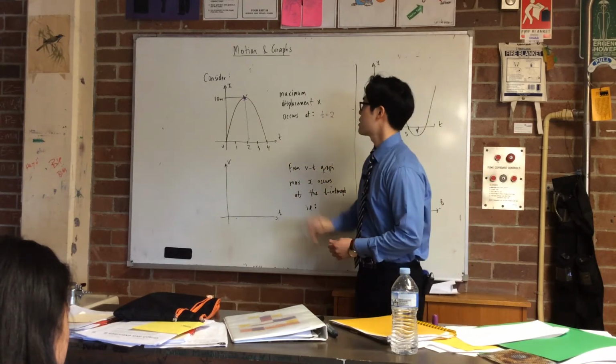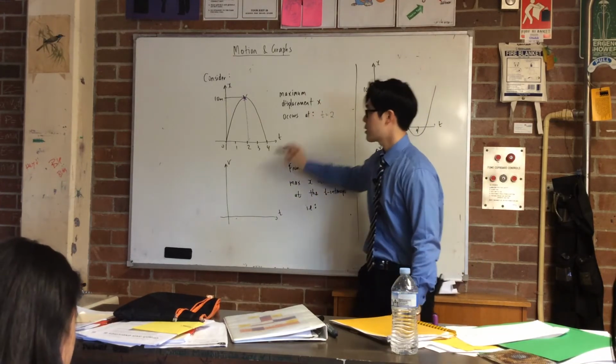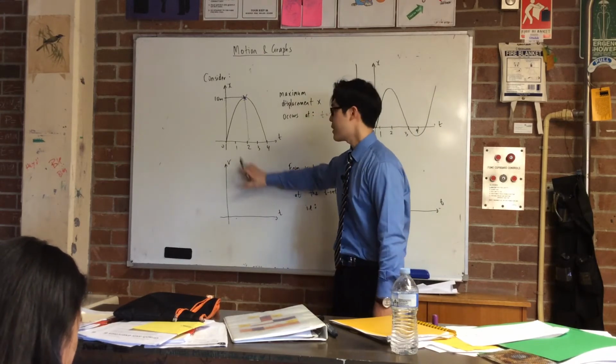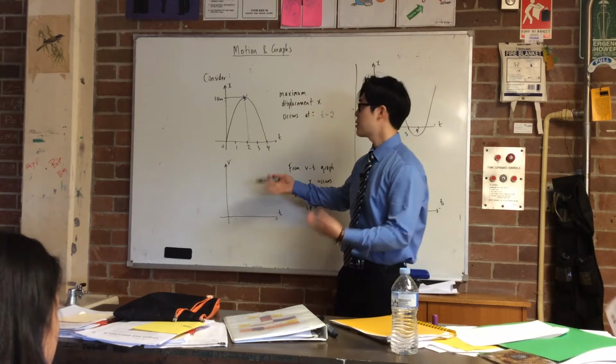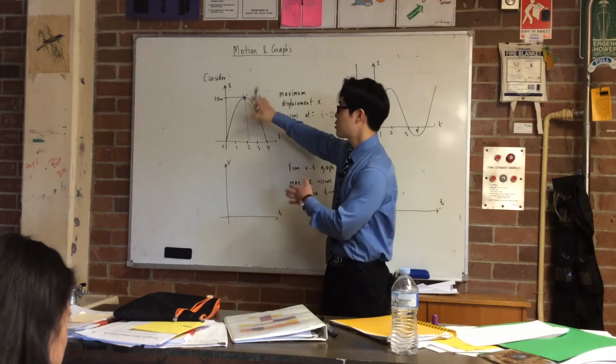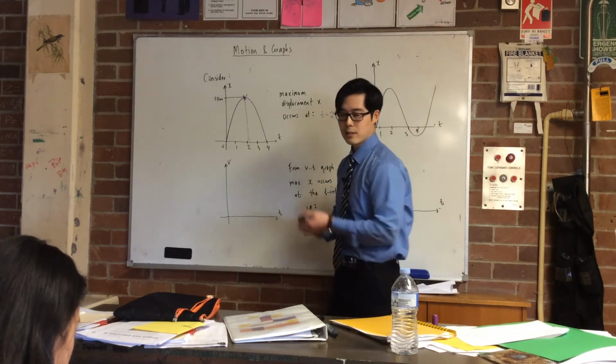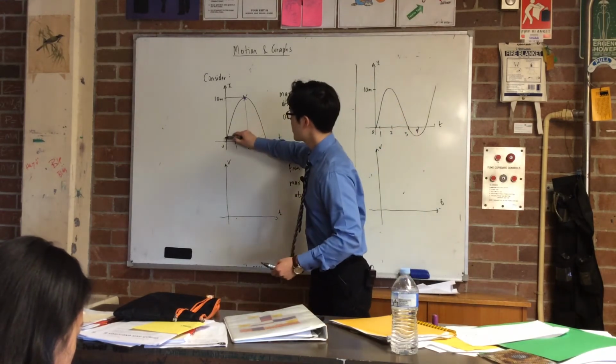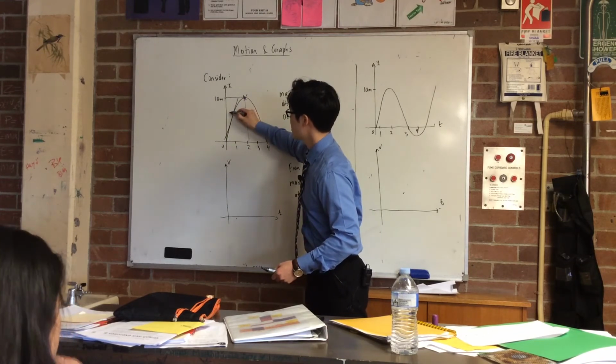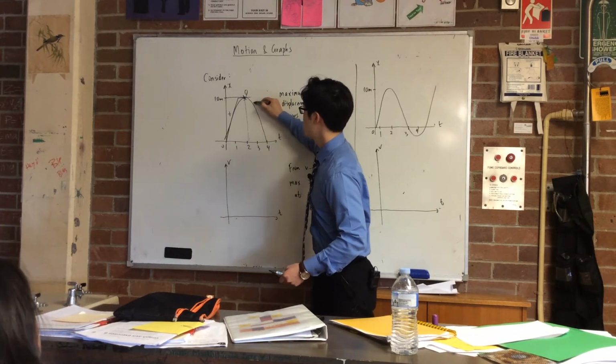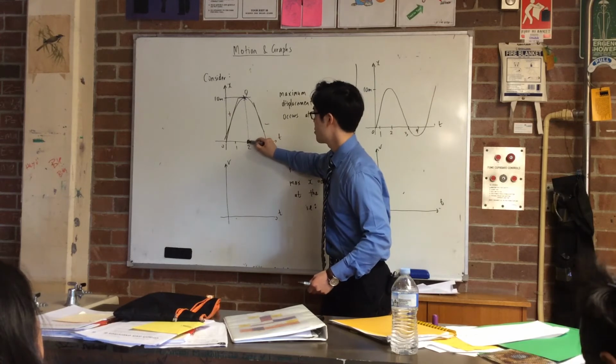What they usually ask you is to find the maximum displacement from the velocity graph, all right? And they usually give you the velocity graph, but for demonstration purposes, let's transform this into a velocity graph. So let's do the same thing as before. Let's get the gradient signs. So what's that? Positive, 0, negative, right? And it has to go through there.